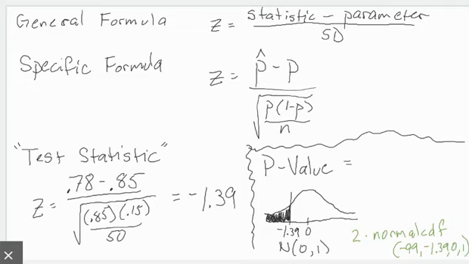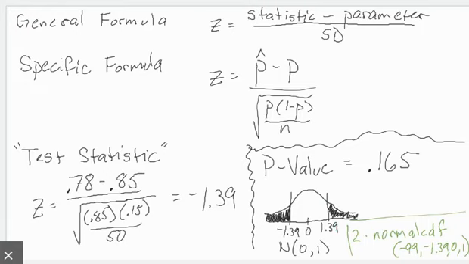And if you do this calculation right here, 2 times the area under the curve, normal CDF for all of that, you end up with 0.165, 16.5%. So the one tail by itself, I forgot to do something here. This is a two-tailed test. So I need to draw and shade in both tails.